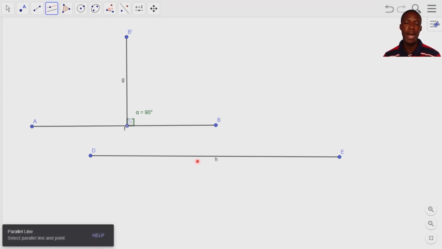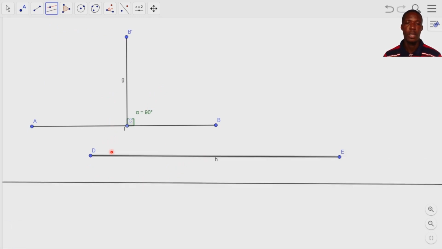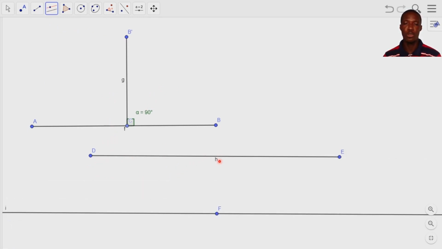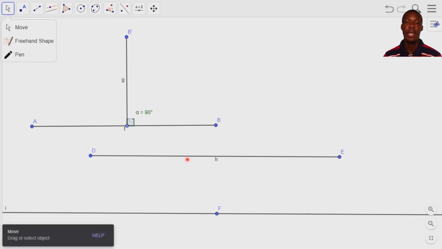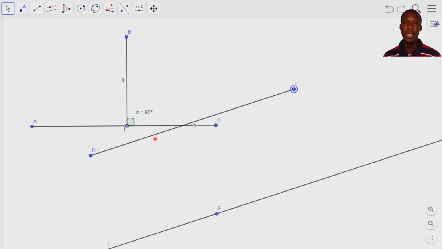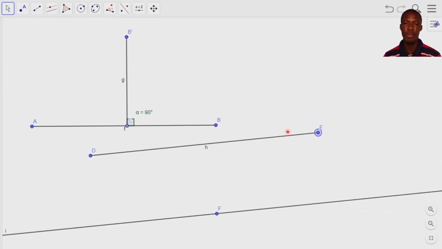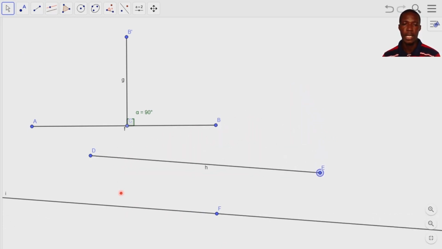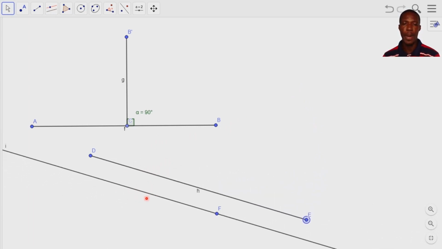Then we have parallel lines. Two lines are said to be parallel when they have the same gradient. They move in the same direction. So from the illustration here, you see that the two lines here are parallel.